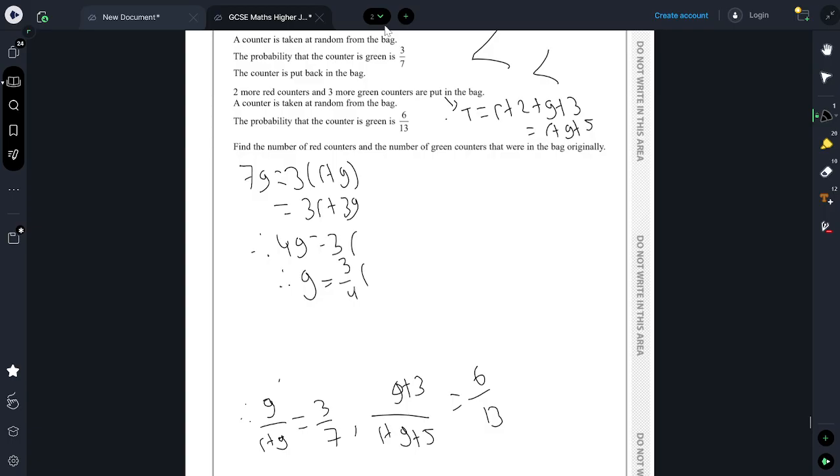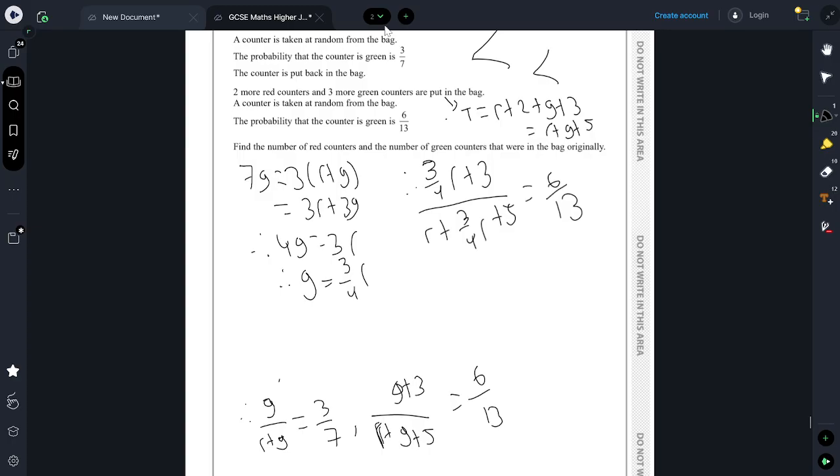So now we can say, therefore, g plus 3 over, and I should say that's r as well to clarify, 3 over 4r plus 3 over r plus 3 over 4r plus 5, because remember, g is replaced with this now, is equal to 6 over 13.